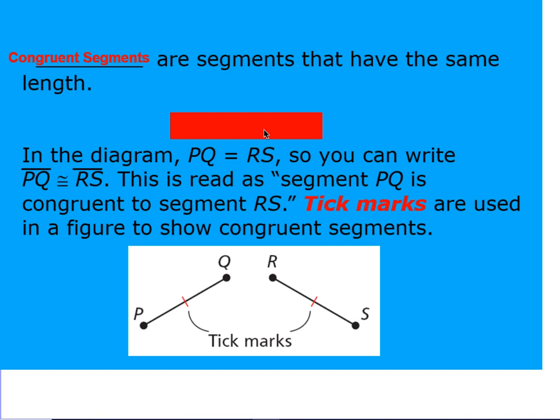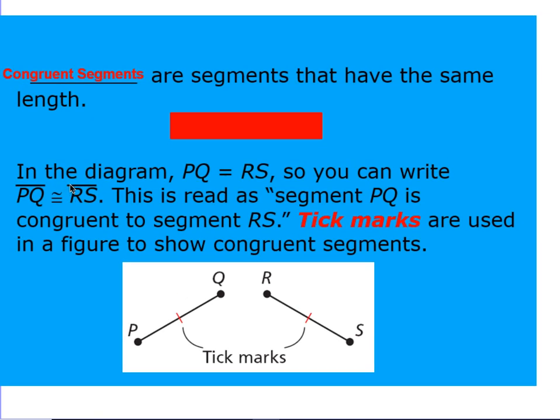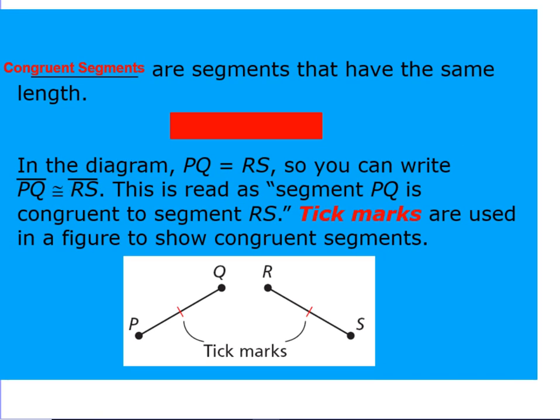Then you can write that the segment PQ is congruent to the segment RS. This equal sign with our squiggle on top is the symbol for congruency. In diagrams, you can see down here, we represent congruency with tick marks.